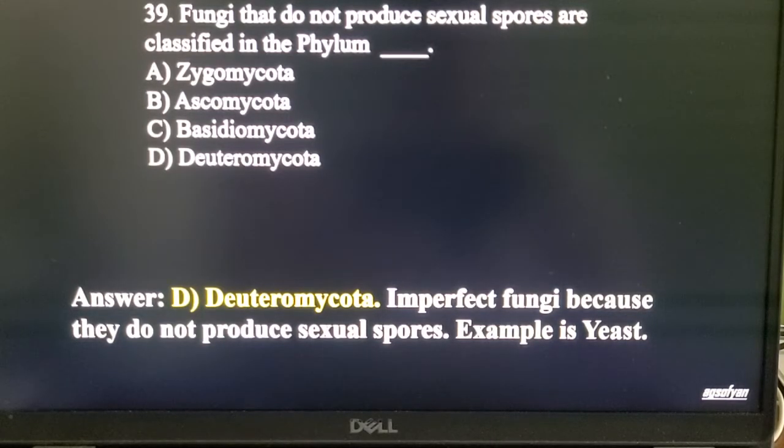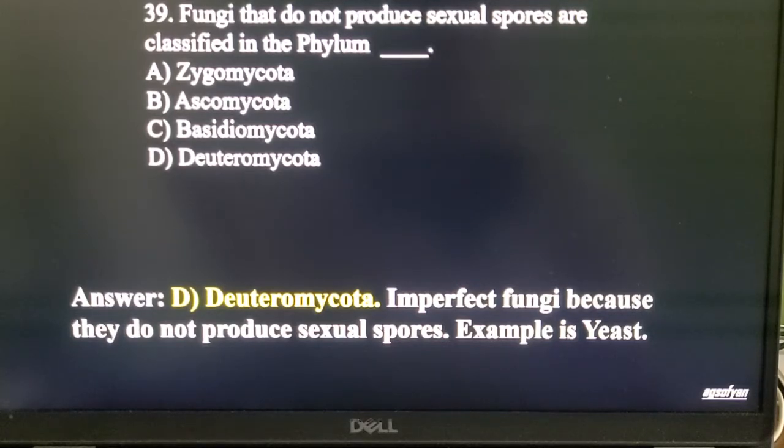Zygo, Asco, and Basidio are types of sexual spores: zygospore, ascospore, basidiospores. Therefore, fungi that have sexual spores will be included in Zygomycota, Ascomycota, or Basidiomycota.